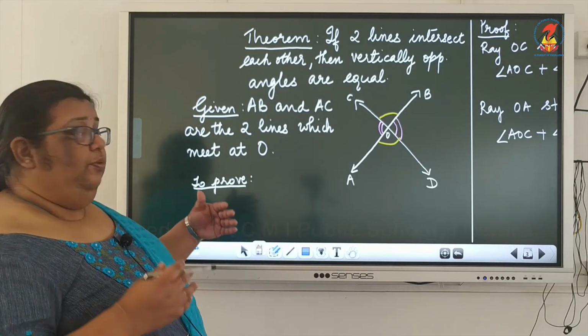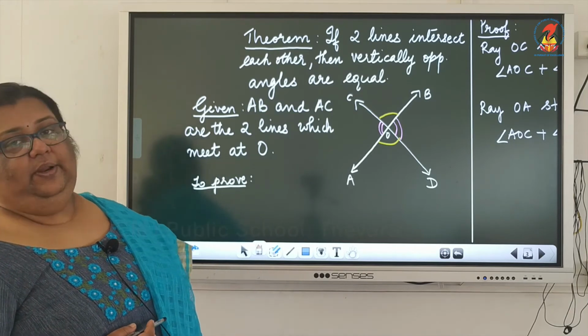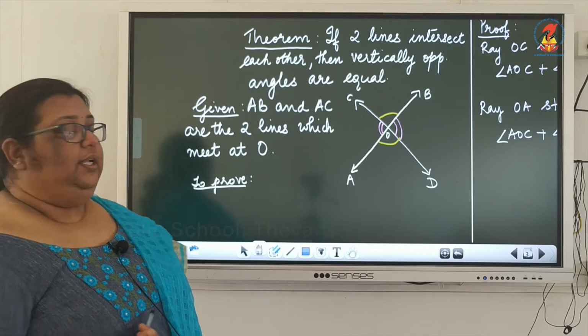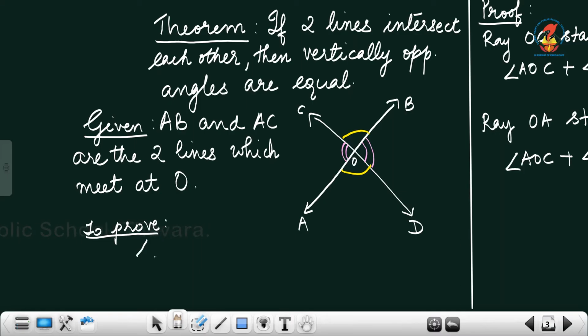So, this is the given part from the question. You understood: AB and AC are two lines which meet at O. To prove, what should you prove? Vertically opposite angles are equal. So, what are the pairs of vertically opposite angles here? Angle BOC equals angle AOD. You can see the yellow line over here.